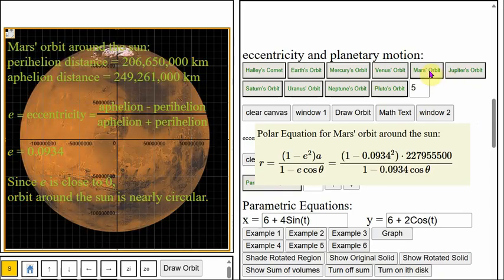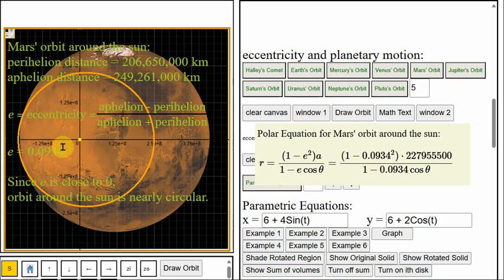And then here's Mars. You can see that Mars's orbit is very circular also, and therefore the eccentricity should be close to zero. In this case for Mars, the eccentricity is 0.0934.